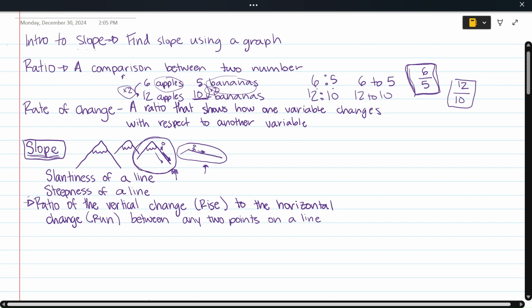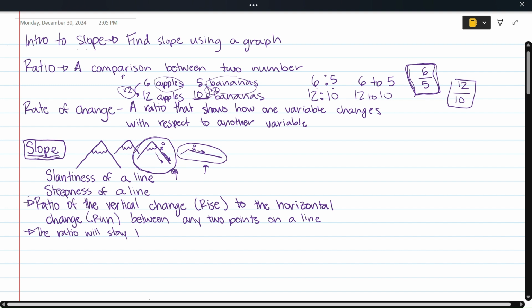Something else specific about slope when we're talking about it mathematically is that the ratio that we found between any 2 points of a line will stay the same.